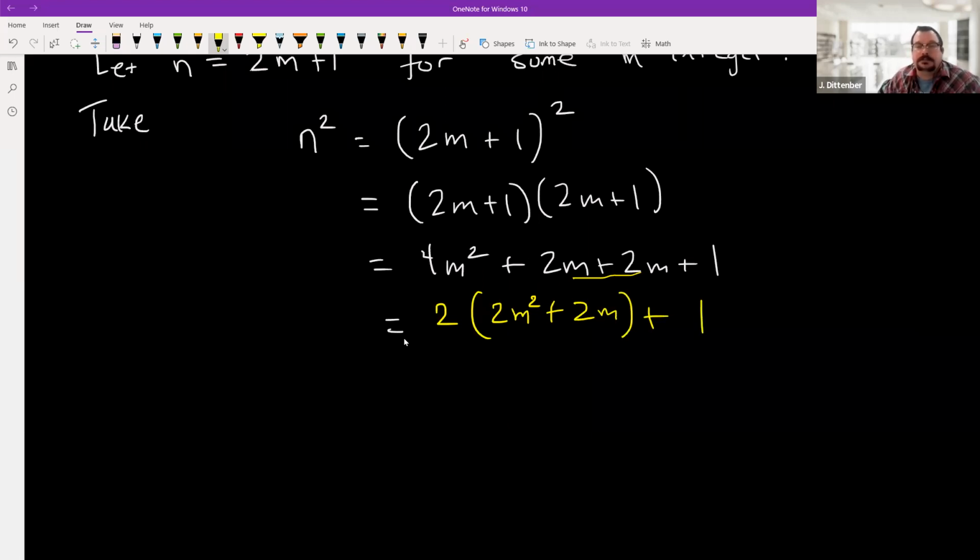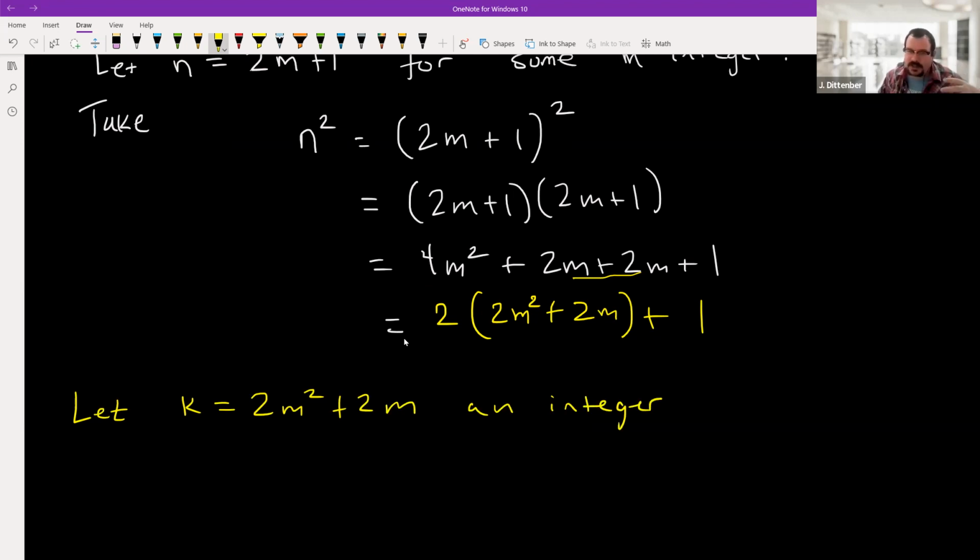Okay, now I didn't factor out all the 2's, and the reason is because I want it to look like an odd number. So let me just say this. Let's say k equal 2m squared plus 2m, an integer. So definitely k is an integer if I substitute k instead of this expression, right? 2m squared is 2 times 2 other integers plus 2 times another integer.